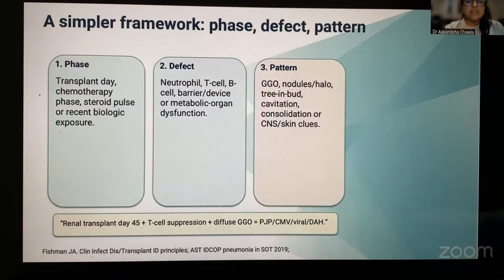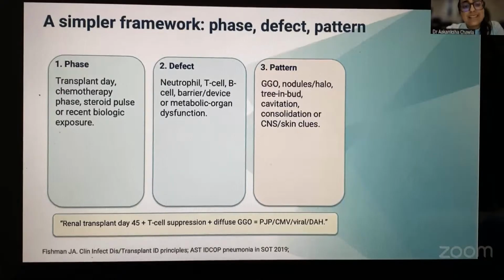A simple framework basically involves understanding what phase of immunosuppression the patient is in: what post-transplant day, chemotherapy phase, has the patient received any pulse steroid, how many days post-pulse steroid, any recent biological exposure.